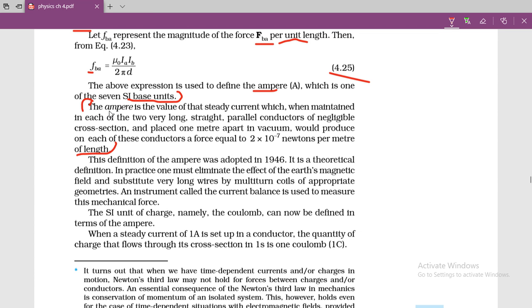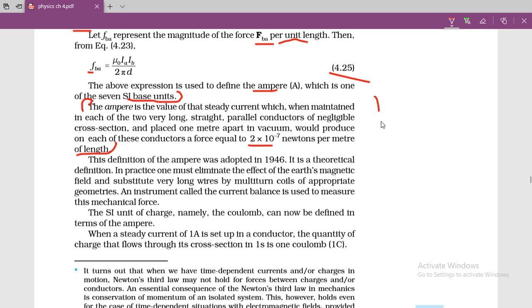The ampere is the value of that steady current which, when maintained in each of the two long straight parallel conductors of negligible cross section and placed 1 meter apart in vacuum, would produce on each of these conductors a force equal to 2 into 10 to the power minus 7 newton per meter.